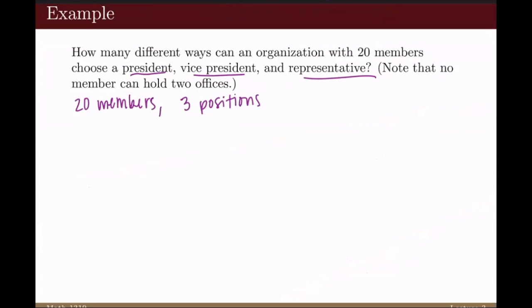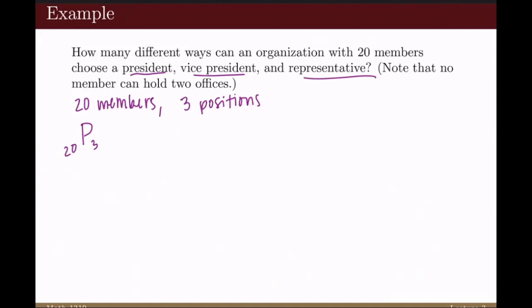So we have the P for permutations. We have 20 people to choose from, so that goes on this side. Out of those 20 people, we are choosing 3.